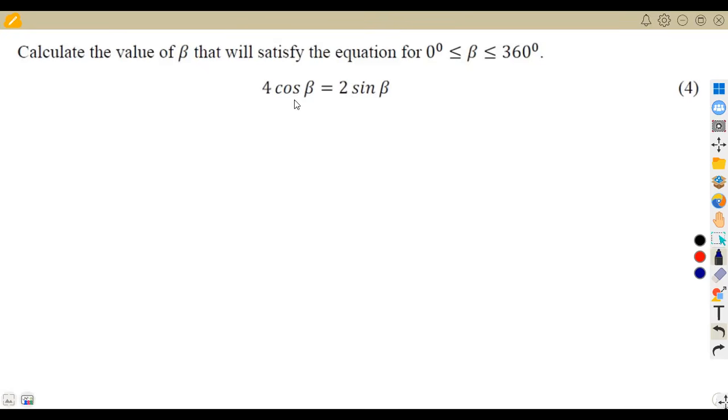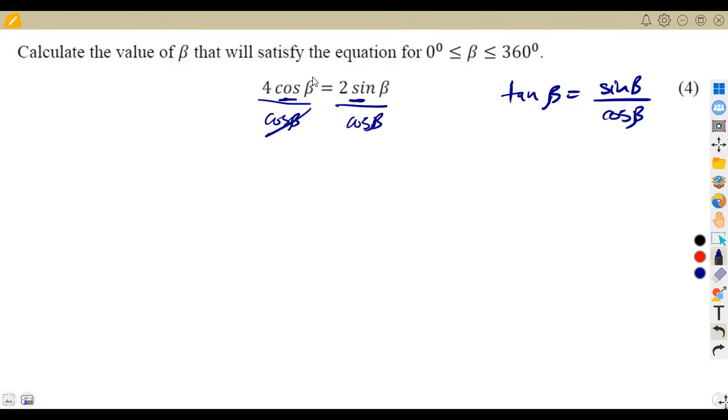The single trig that we expect from cos and sine definitely is tan, because we know that tan beta is equal to sine beta over the cosine of beta. So we can have this as a single trig. To obtain tan, we can divide by cos beta both sides. So this can cancel.